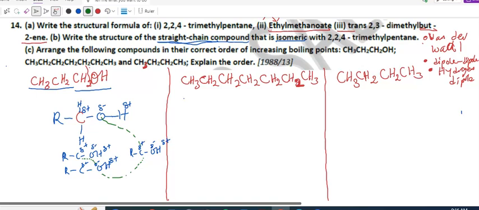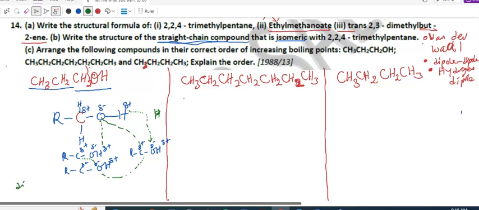Now, there is also an attraction between the hydrogen, which is partially positive, and the oxygen, which is partially negative. And this we call hydrogen bond. You can check our video on hydrogen bond.